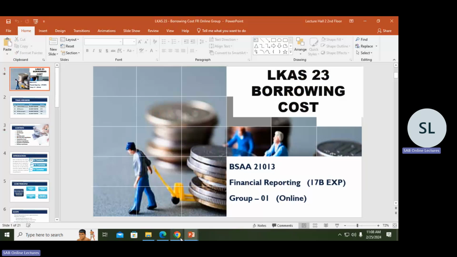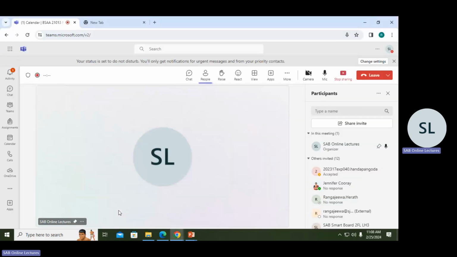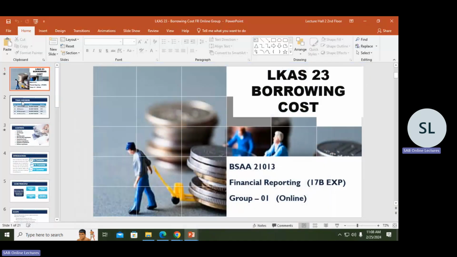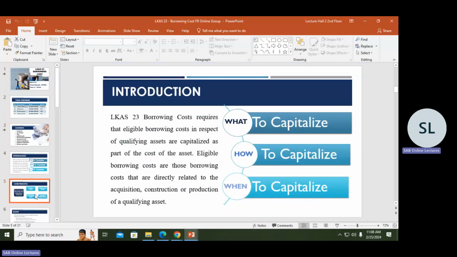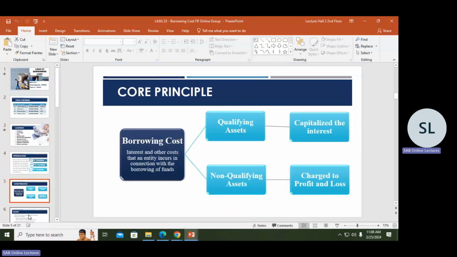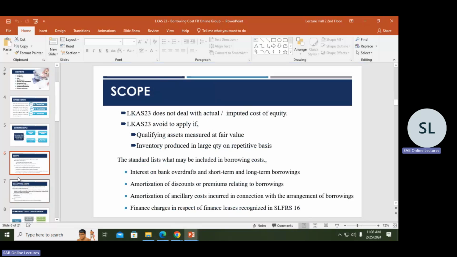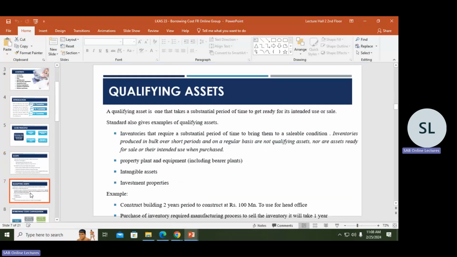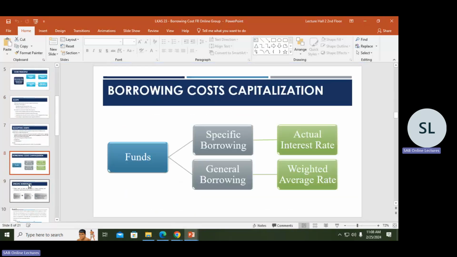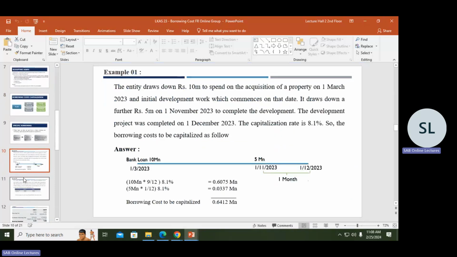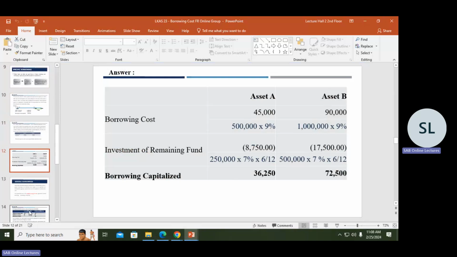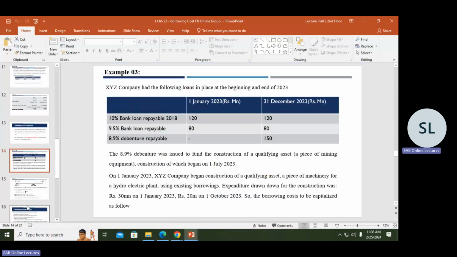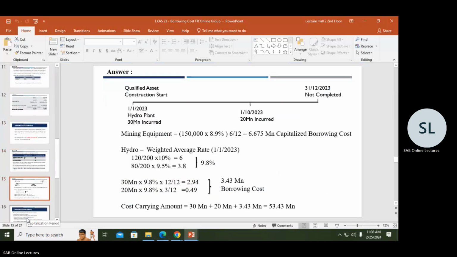Right, group number 1, those who join online, right? LKS 23. So, basically, slides are okay. Content, the coverage also okay.